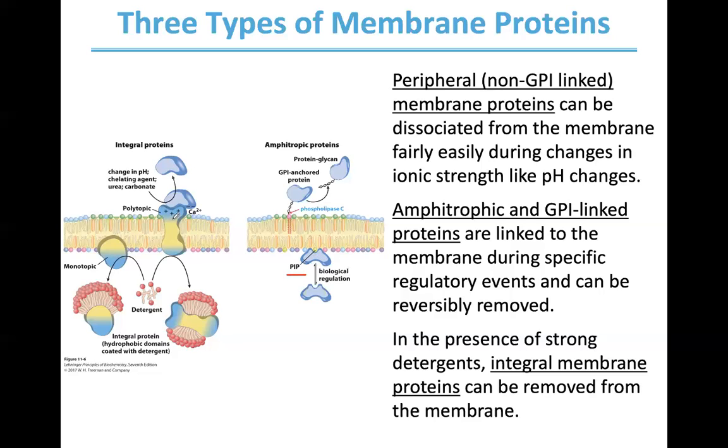One way to isolate it is by changing the pH, adding urea, breaking hydrogen bonds, carbonate, breaking the electrostatic bonds, a chelating agent, and so on and so forth.